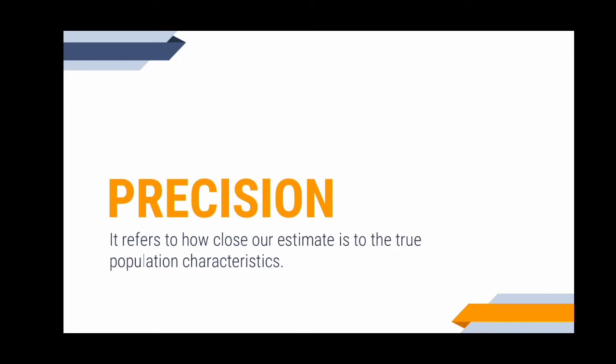Pero for instance, if we want to estimate na yung population mean will fall anywhere between 45 and 55 instead na 40 and 60, then we have more precision. Kasi habang nagiging narrow yung range ng estimation natin, mas nagiging precise tayo.